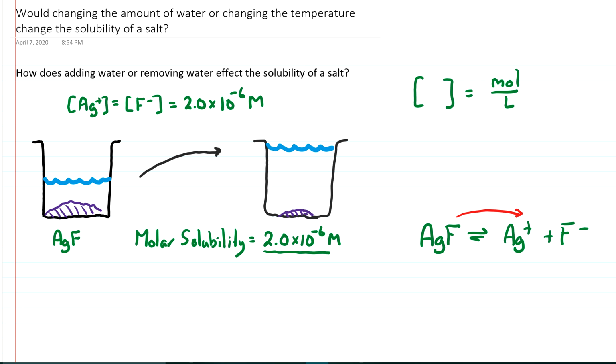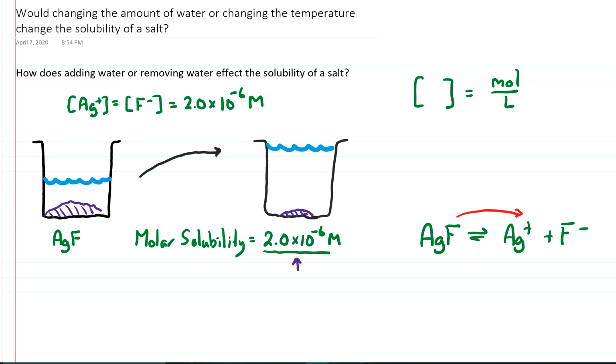Now, what can be misunderstood about this is that it might lead you to conclude that the solubility of the compound increased because more of it dissolved. But what would happen is the number of moles of silver and fluoride would increase in the solution, but you also have a bigger volume of solution. And since the molar solubility is 2.0 times 10 to the minus 6, that would be the maximum number of moles possible in the solution.